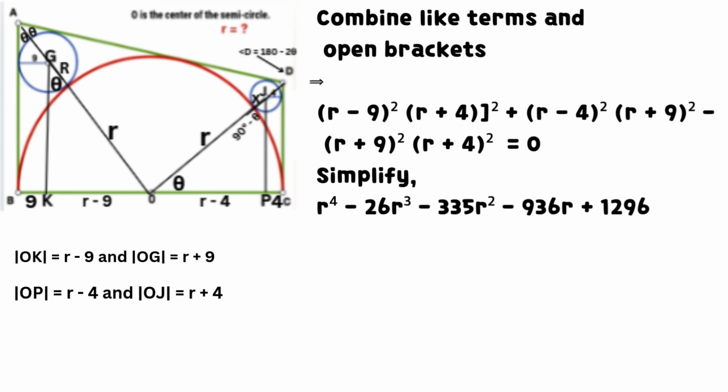Simplify your result to obtain that the quartic power of R minus 26 times the cube of R minus 335 times the square of R minus 936 times R plus 1296 equals 0.